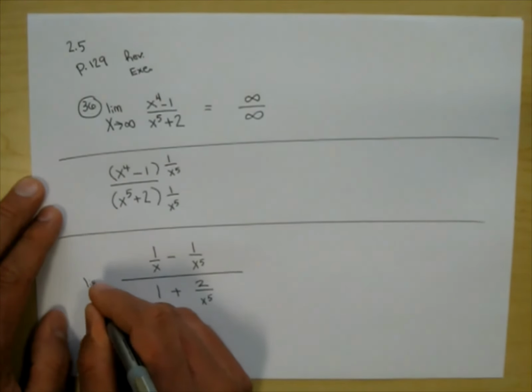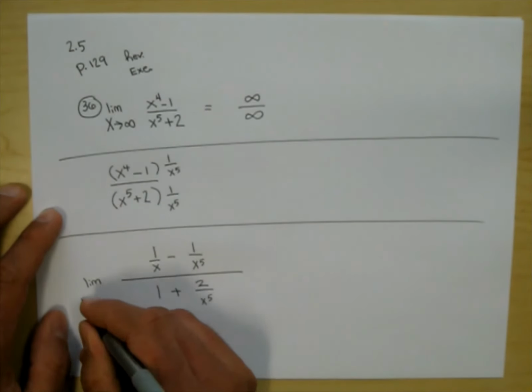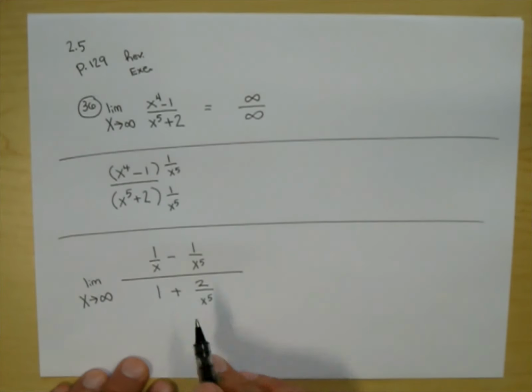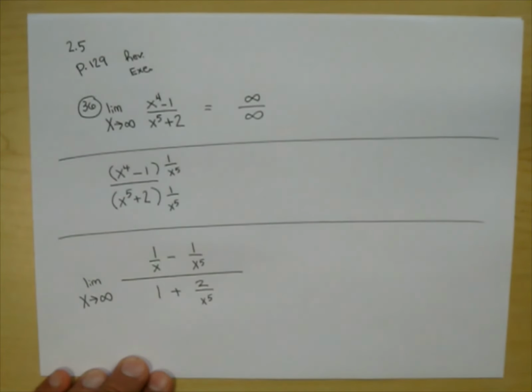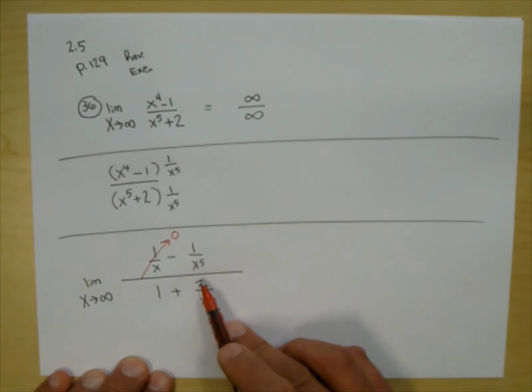Okay, so this is the limit. I went ahead and put another line there because this was just me thinking this out. I suppose I didn't really have to do that. Limit as x approaches infinity of this. Well, look what's going to happen. 1 over infinity is 0.